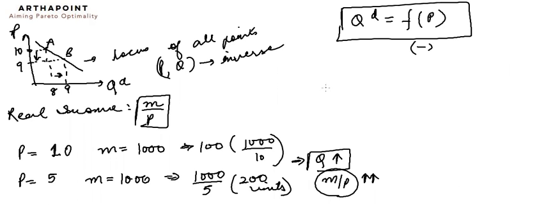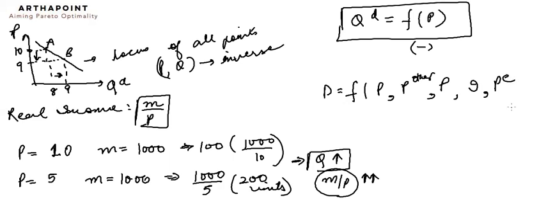The demand of any good depends on the price of the commodity, the price of other goods, the preferences of the consumer, the income, a lot of other things, the price expectations, and how urgent or important that commodity is to you, whether you can shift its demand to the near future or not, etc.